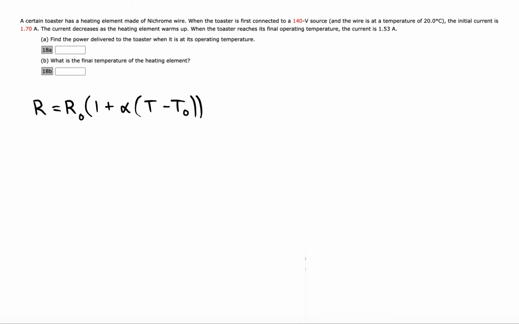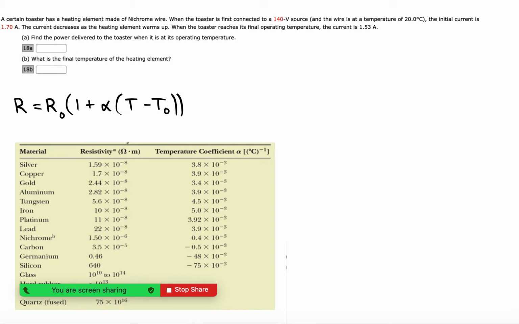So one of the things we're going to need to know is the temperature coefficient for nichrome. So that's something we can find in a table. So we just want to look up nichrome here. Alright.